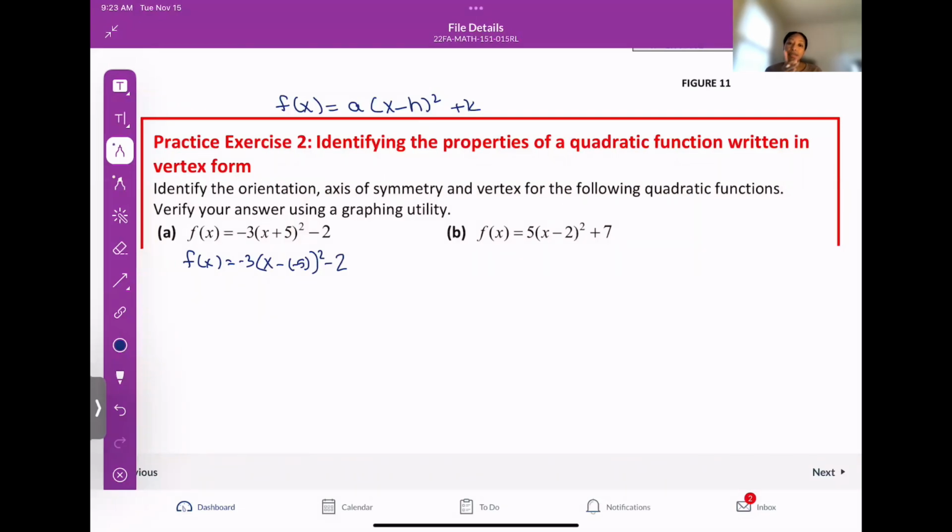That means the h term here is negative 5. Just identifying a few things. a is negative 3. Our h value is negative 5. And k is negative 2. Remember that h comma k tells us what the vertex is. So in this case, a is negative, so we have a downward opening parabola.